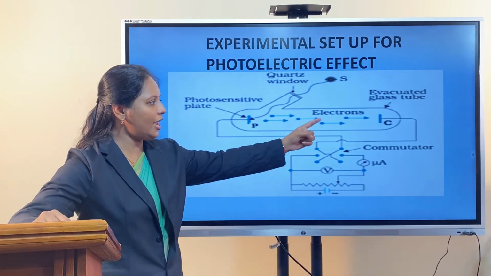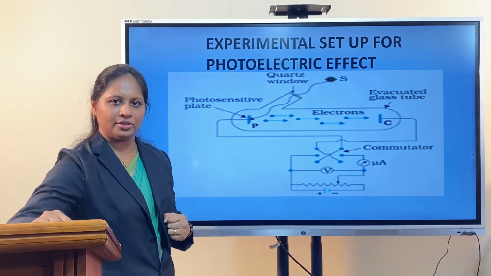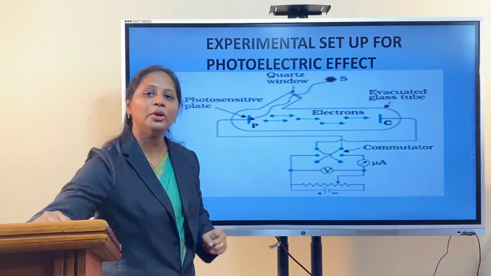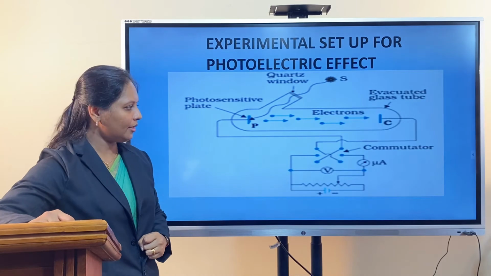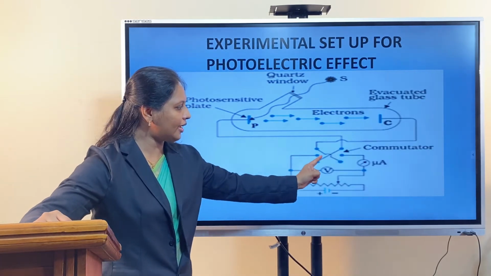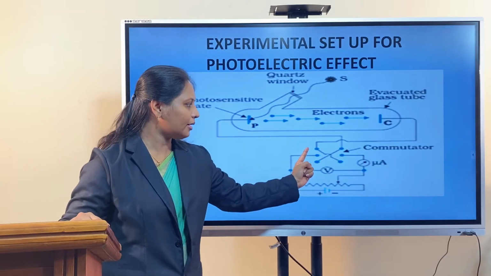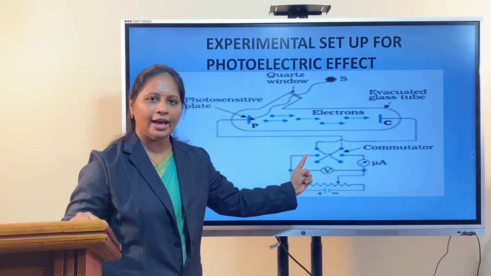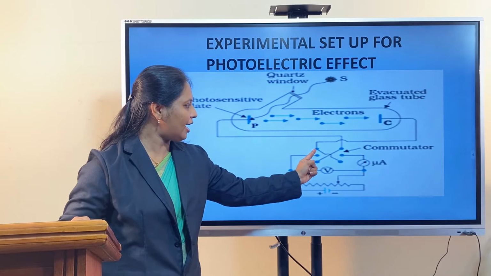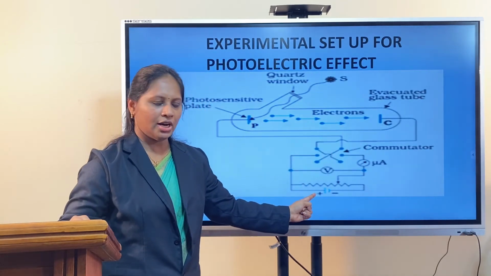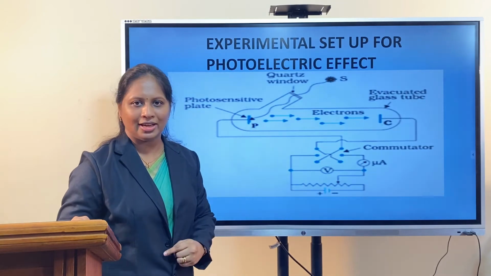We can change the polarity of the electrodes by using a special arrangement called commutator key. So commutator key, as you can see, there are 4 gaps. When the keys are placed in these 2 gaps, the connection is established, and you can see the collector becomes positively charged and the emitter becomes negatively charged.